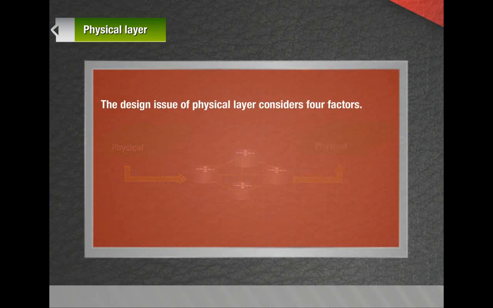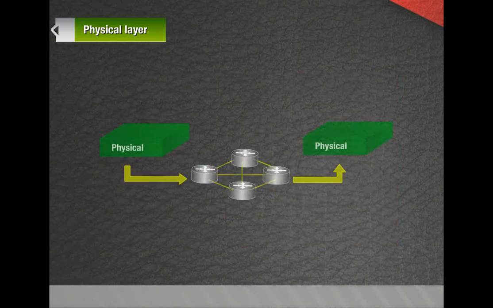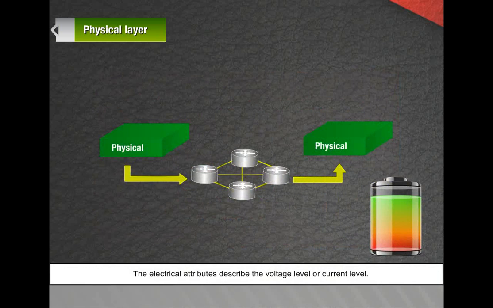The design issue of physical layer considers 4 factors: electrical, mechanical, procedural attributes, and functional attributes. The electrical attributes describe the voltage level or current level.